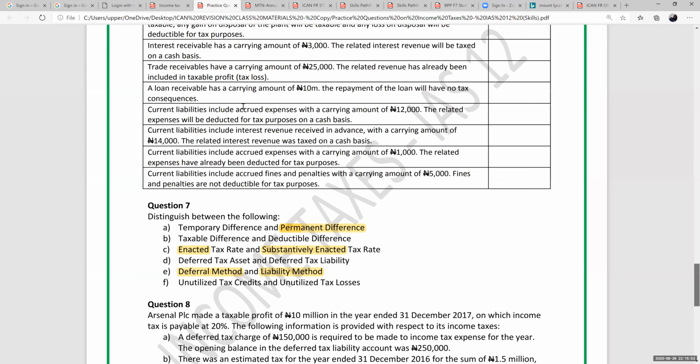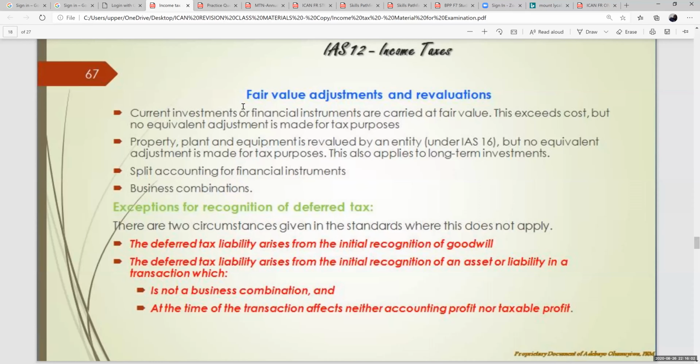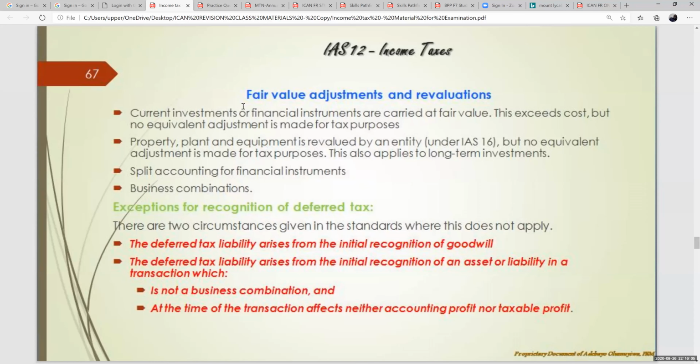Okay, let's go back. Deferred tax liability is not recognized upon initial recognition of goodwill in a business combination. Likewise, deferred tax liability or asset will not be recognized on initial recognition of an asset or liability, except if it arose from a business combination, and if the effect neither affects accounting profit nor taxable profit.